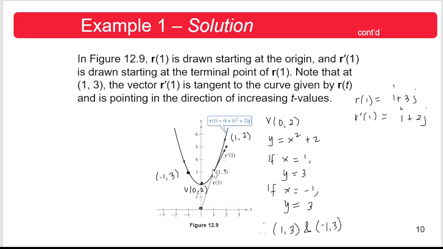Connect the terminal point of vector r of 1 and the terminal point of this vector r prime of 1, so we now have this vector r prime of 1. As you can see, this vector r prime of 1 is tangent to the curve given by r of t, and it is pointing in the direction of increasing t values.